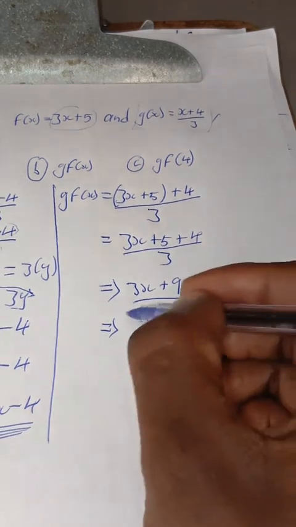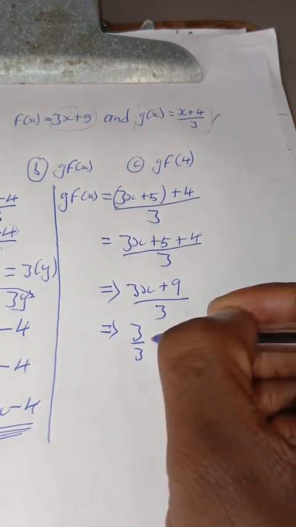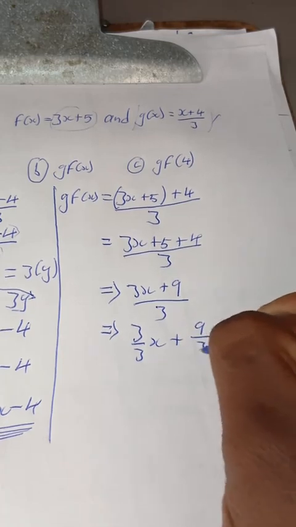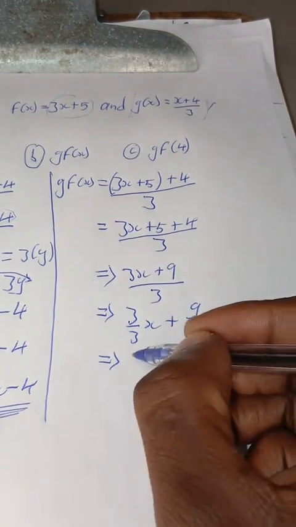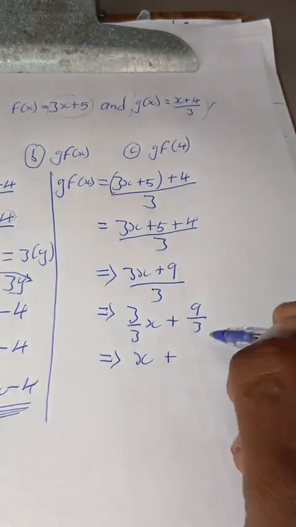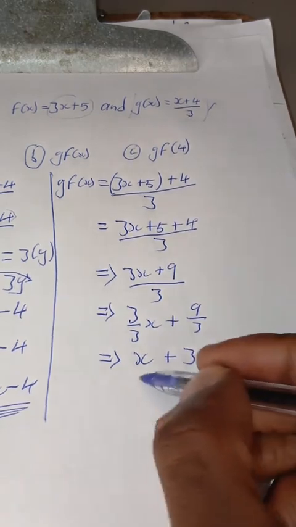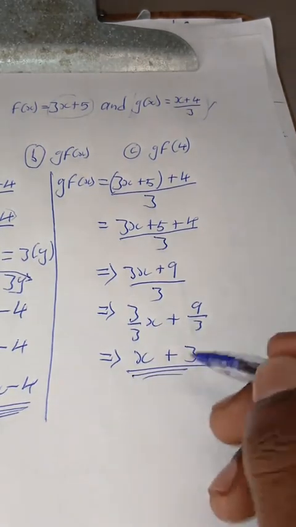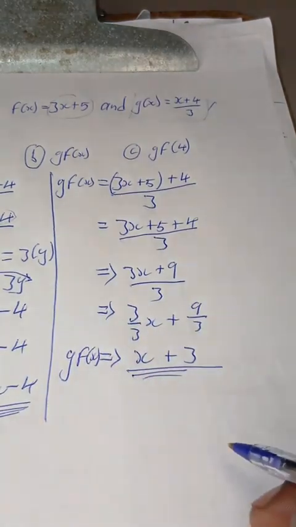In other words, 3 over 3 times x plus 9 over 3. This implies that we have x here plus 3 there. So this is our final answer. So this is g of f of x.